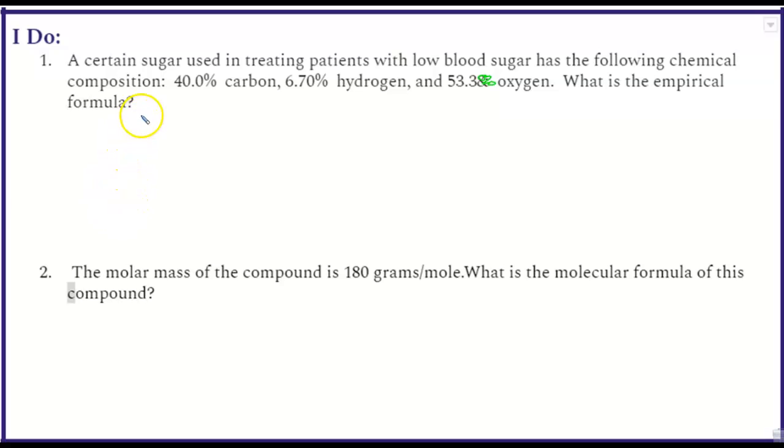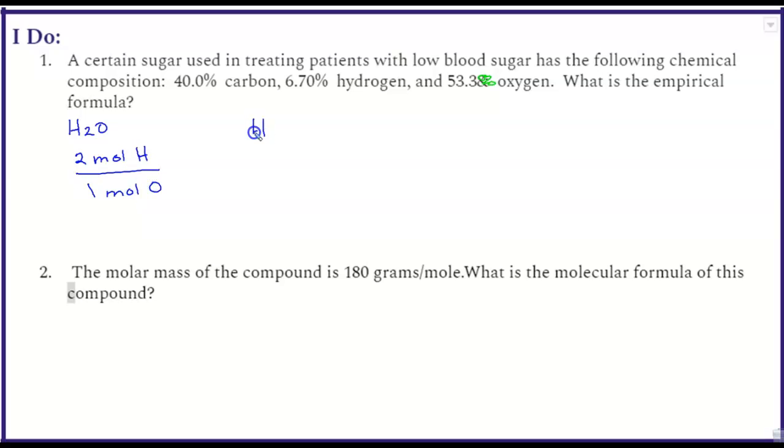Now, let's just talk about an example of a formula here. If you have, let's say, H2O, I'm just going to use an example here, then I would have 2 moles of hydrogen for every 1 mole of oxygen.